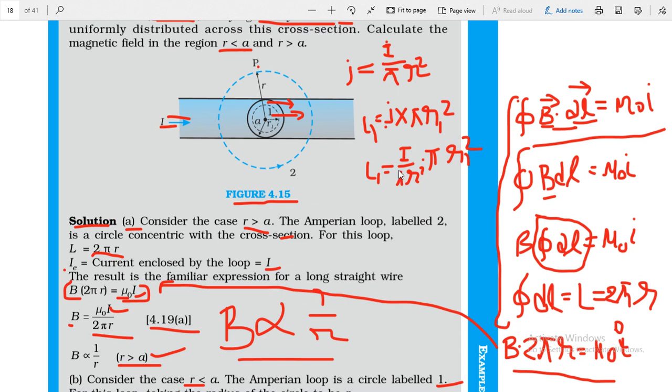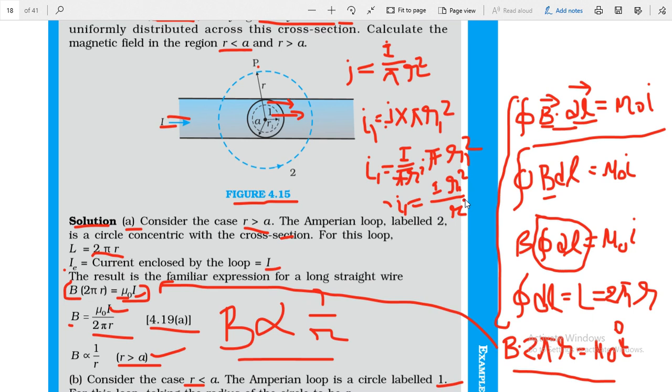Okay, now you can cancel these pi, so you will get I1. This one is actually I1, this is current, sorry, I1 is equal to I r1 square upon r square.